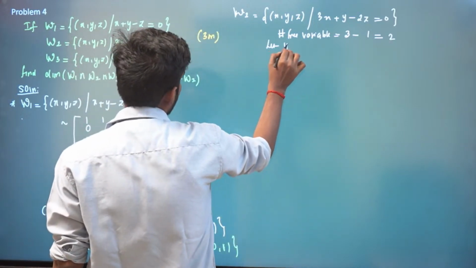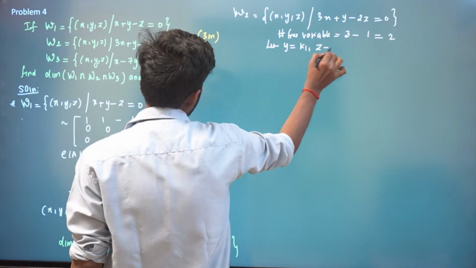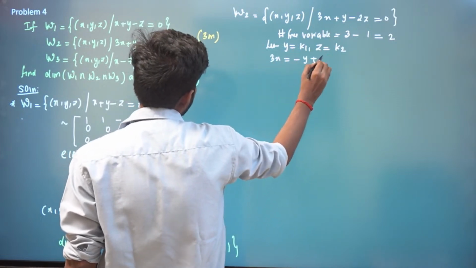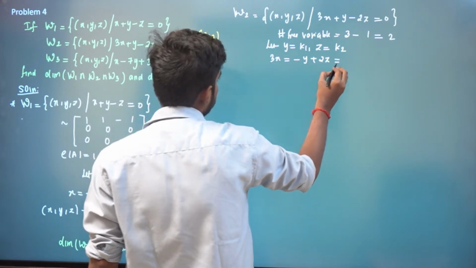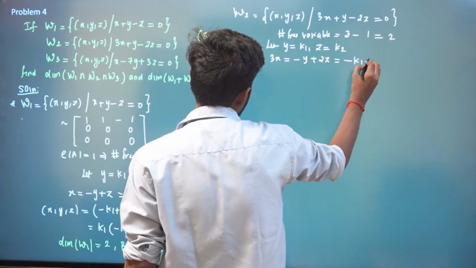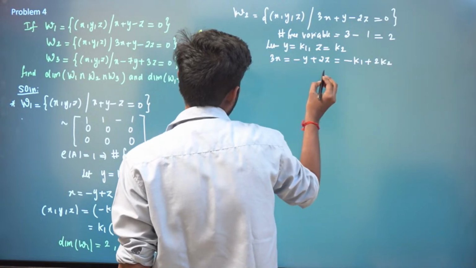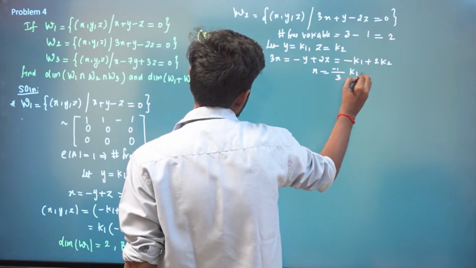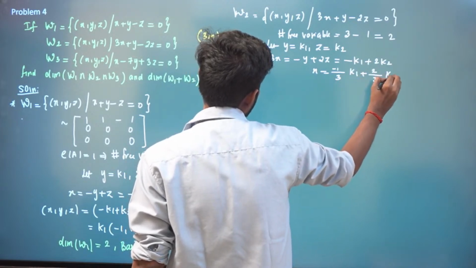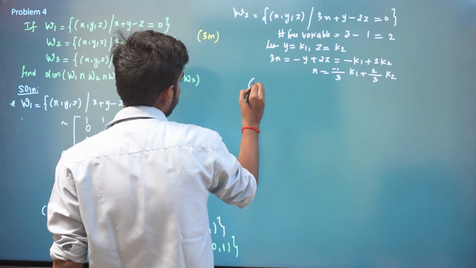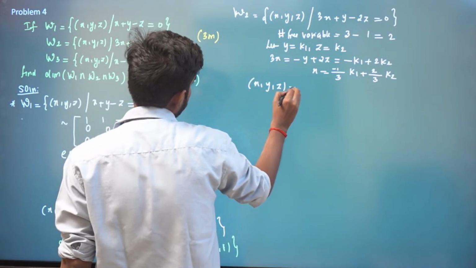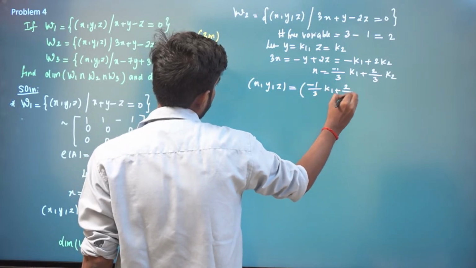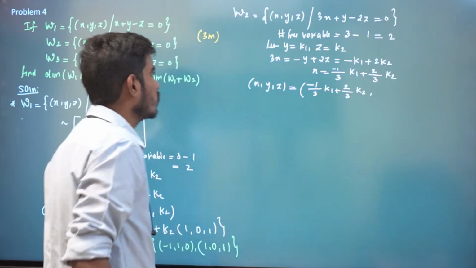So let us assume y to be equal to k1, z to be equal to k2. So we have 3x is equal to minus y plus 2z, so minus k1 plus 2 times k2. So that means x is given by minus 1 by 3 k1 plus 2 by 3 k2.